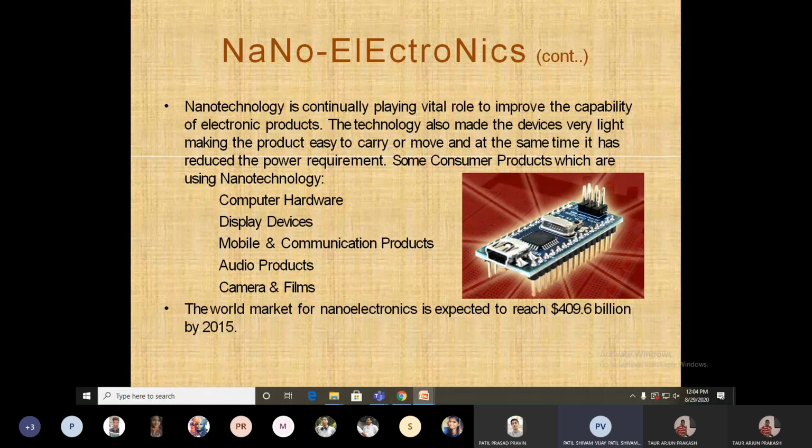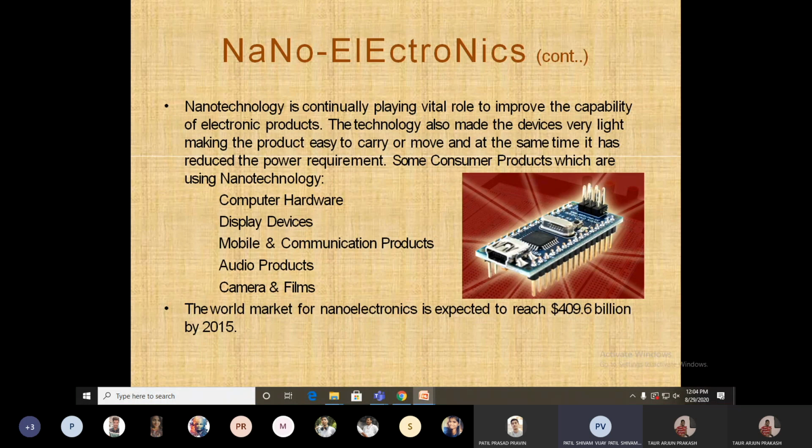Nanoelectronics. Nanotechnology is continually playing a vital role to improve the capability of electronic products. The technology also made the devices very light, making the product easy to carry or move, and at the same time, it has reduced the power requirement.